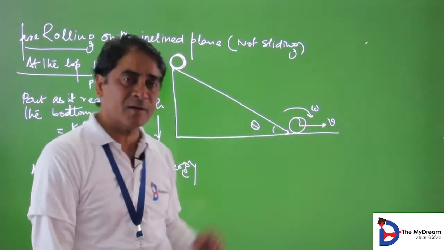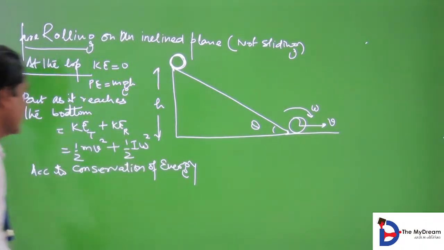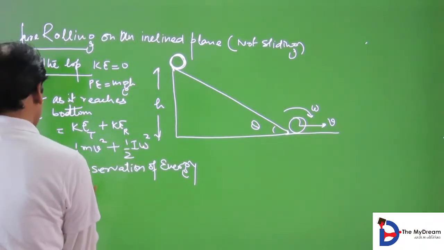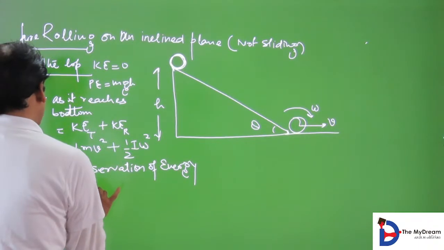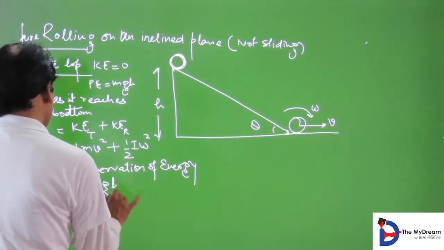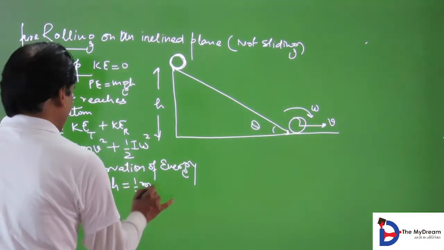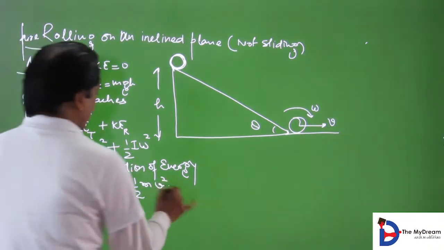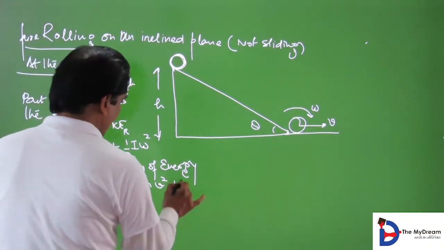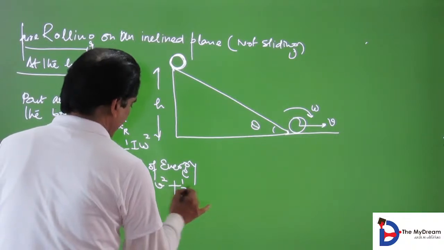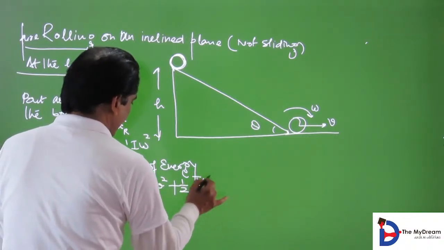Bottom पर potential energy 0. So 0 plus mgh is equal to half mv square plus half I omega square.